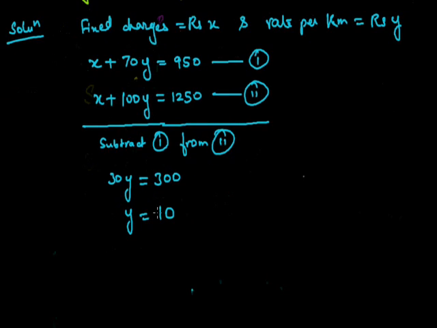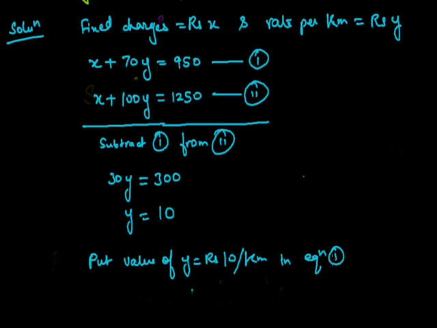Now to find the value of X, we can put the value of Y in any one of the equations, and accordingly we'll get the value of X. Let's put the value of Y as rupees 10 per kilometer in equation 1.